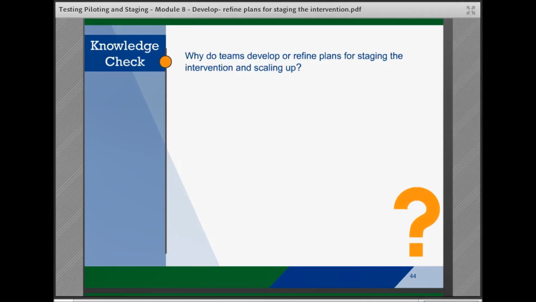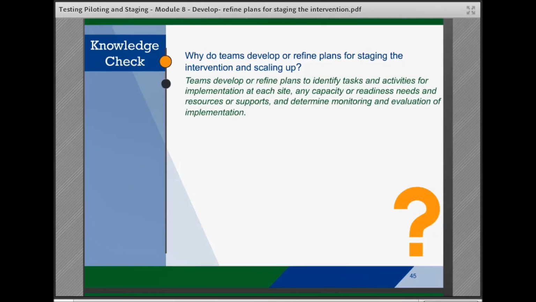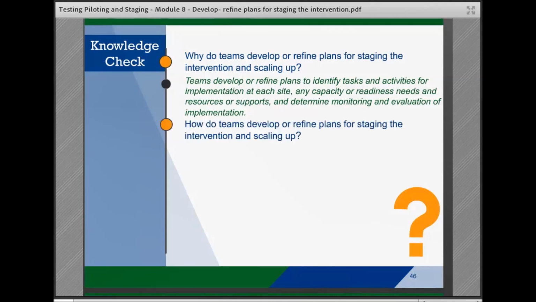Why do teams develop or refine plans for staging the intervention and scaling up? To identify tasks and activities for before, during, and after implementation, any capacity or readiness needs and resources, and determine how they will monitor and evaluate the implementation effort.